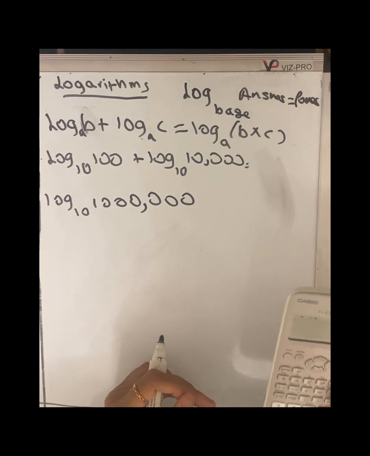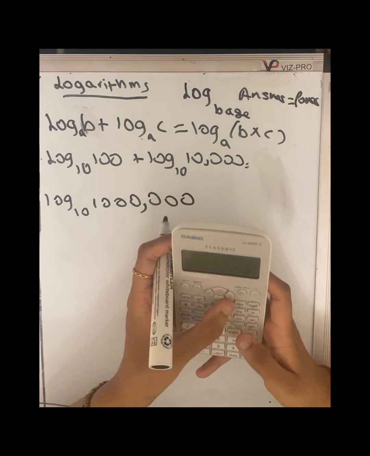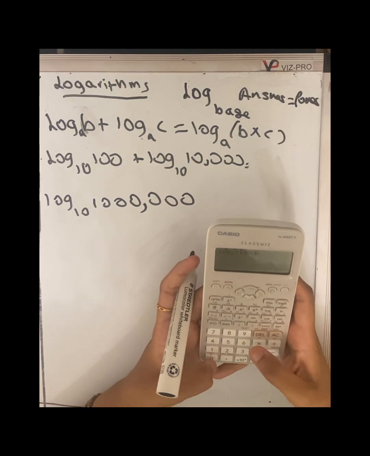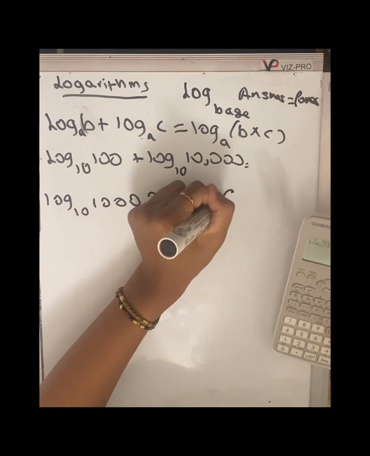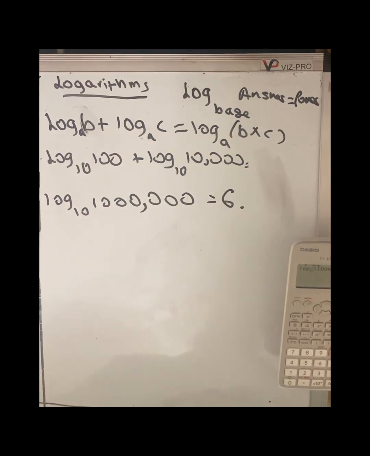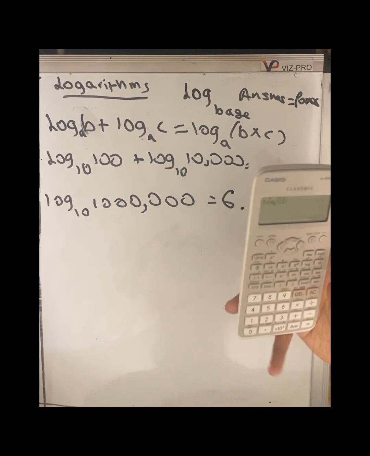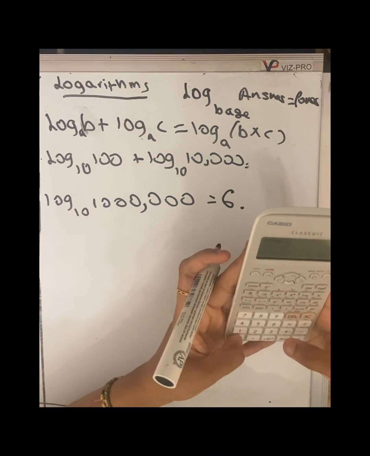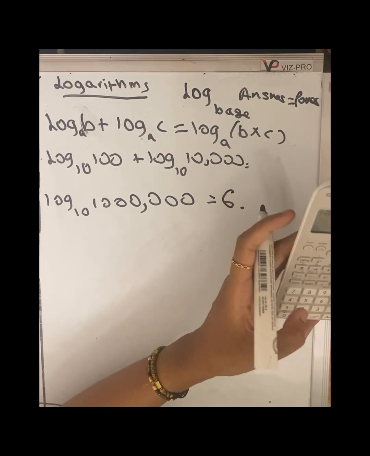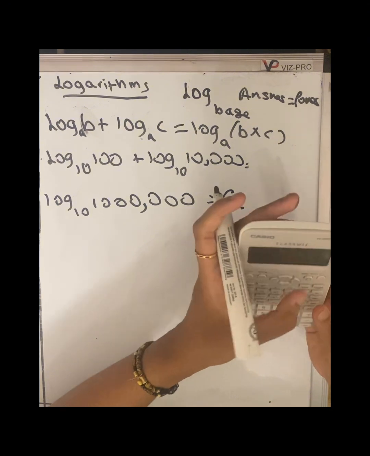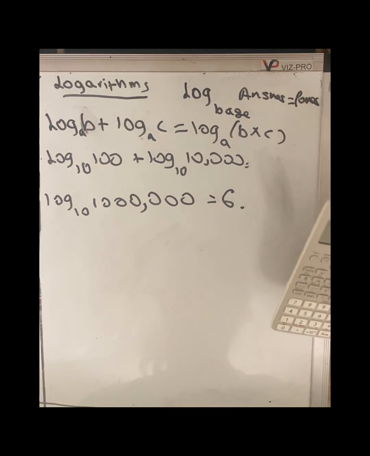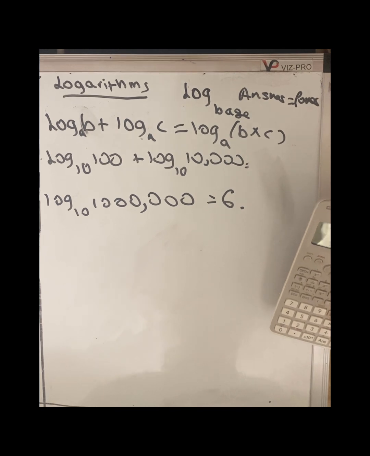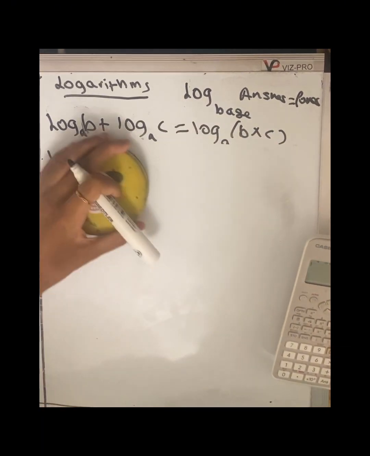Put that into the calculator and it gives you 6, because 10 to the power 6 equals a million. Your calculator is always going to give you the power. So that's one log law.